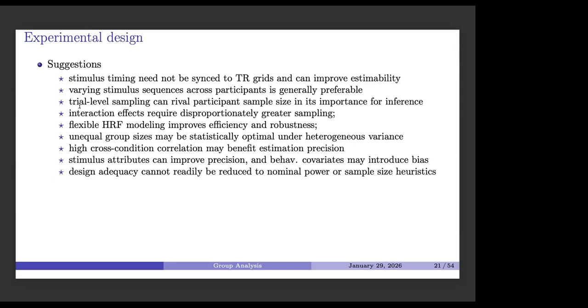For visual cortex, say for a happy face, you have a percent signal change of 1%. By default, that's happy versus baseline. Maybe you need 20 participants and 50 trials, maybe that's good enough. That's easy, 1% is strong.